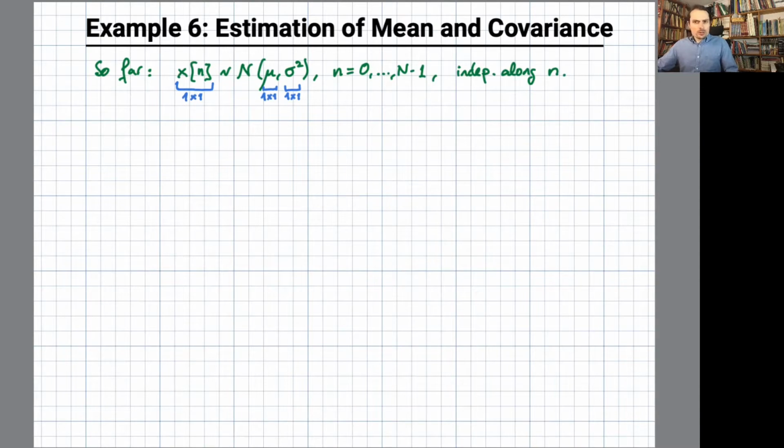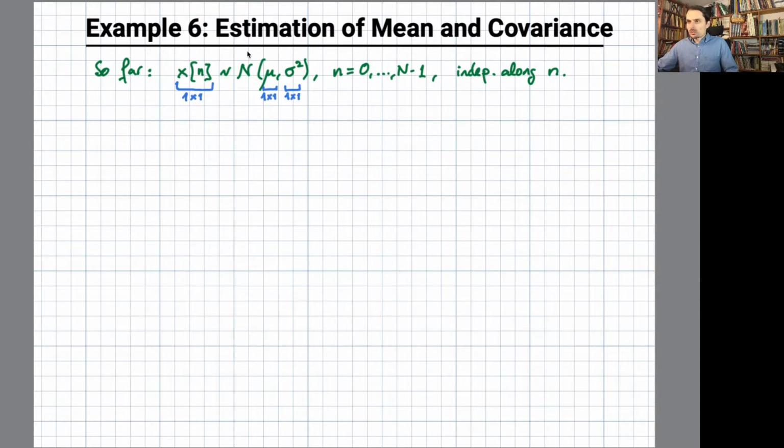Now that we know the main properties of ML estimators, we are in good shape to tackle more general and practical estimation problems. We will now be looking at the estimation of the mean vector and covariance matrix of a multivariate Gaussian distribution.